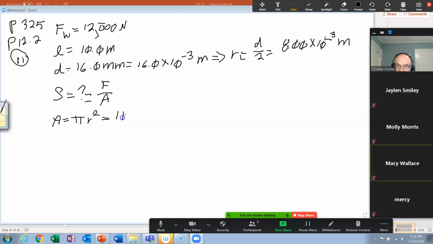Is pi times the radius 8.00 times 10 to the minus 3 meters squared. Okay, now I'm going to have to pull up my handy dandy little phone here that has a calculator on it, get it logged in and all that kind of stuff.